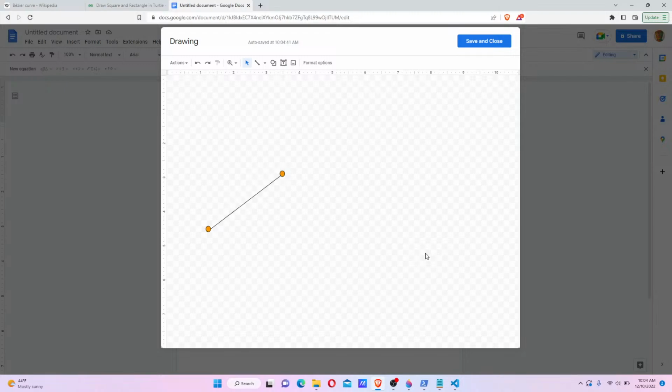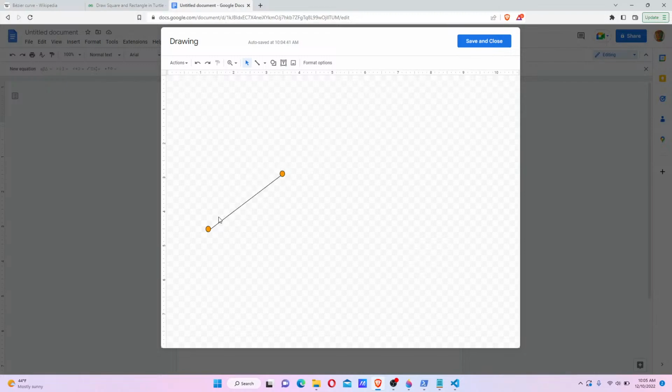So how far should it be? It should be along the line, in the direction of the line. It should go towards that second point, but stop at 30%.